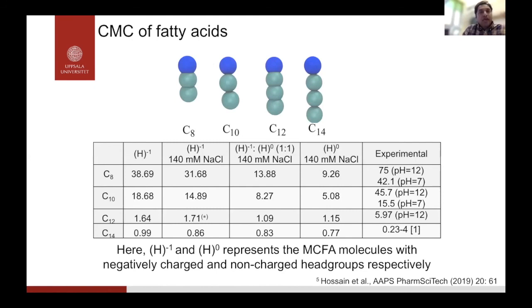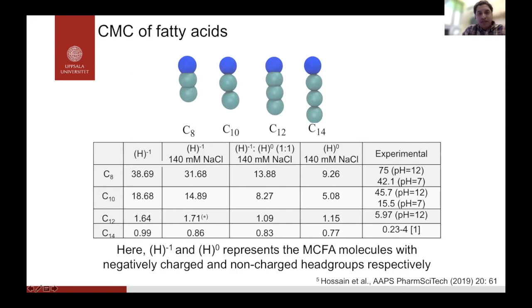So then we performed a bunch of simulations for a bunch of systems for these 4 different molecules. We tried to mimic different pH conditions, like at higher pH, all the molecules of this fatty acid will be negatively charged, and near their pK value, 50% of the molecules will be negatively charged and 50% will be uncharged.